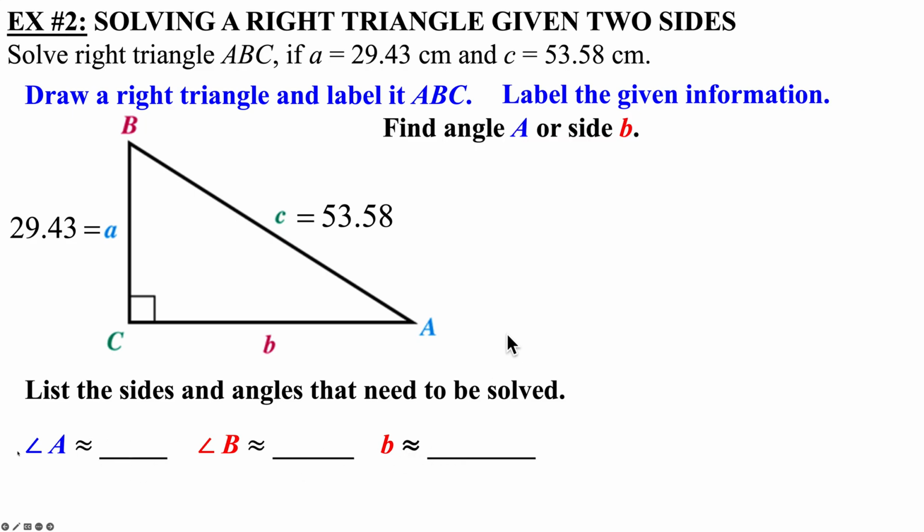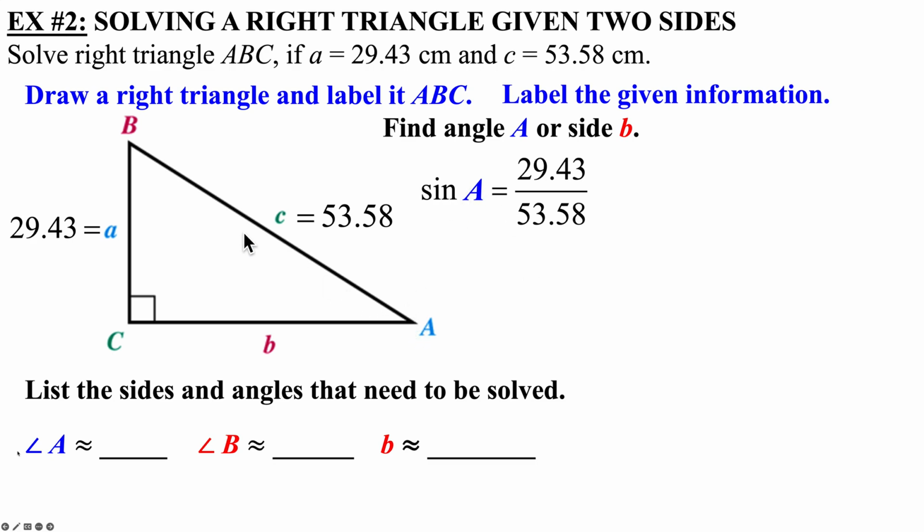Anything is a good choice. Angle A jumped out at me right away because A is opposite over hypotenuse, there's sine. For B, I could use cosine, so adjacent over hypotenuse, and for little b, Pythagorean theorem. So let's go with angle A.